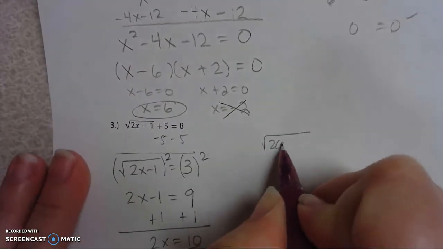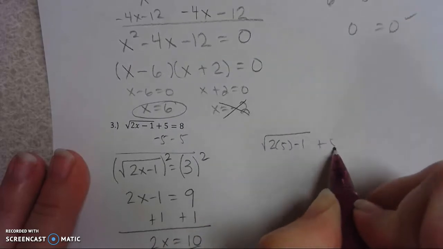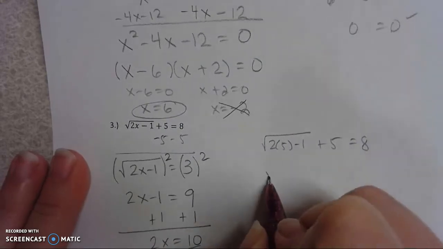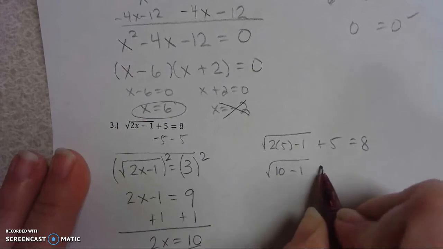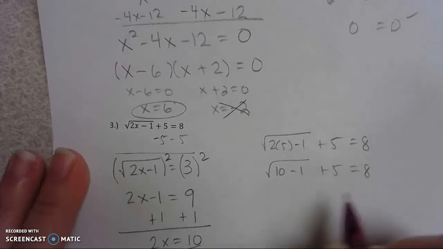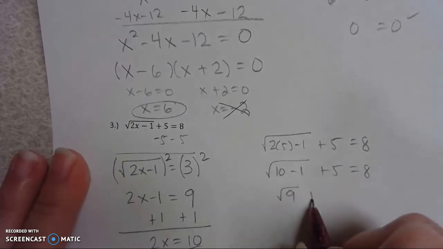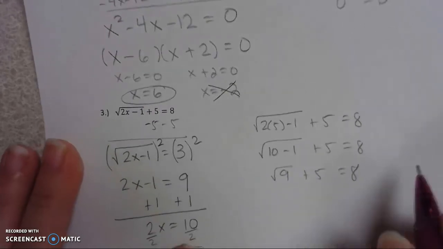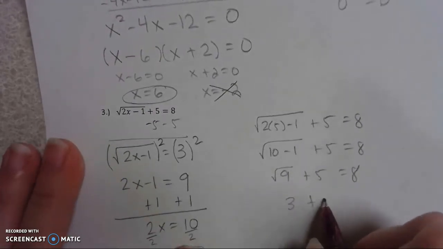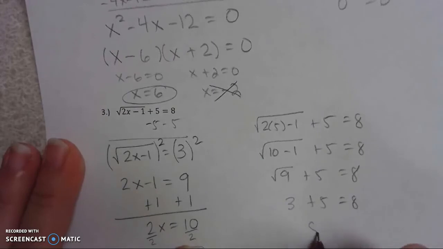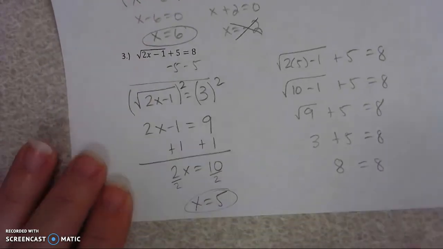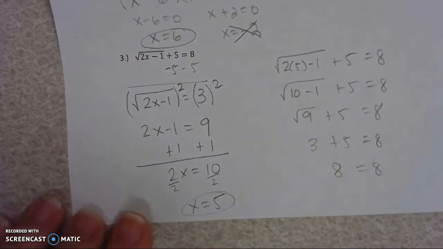Everywhere there's an x, I'm going to put a 5. Alright, that'll be 10 minus 1, that'll be 9. The square root of 9 is 3. Alright, and then 3 plus 5 is 8, and since 8 does equal 8, I know that x equals 5 is a solution.